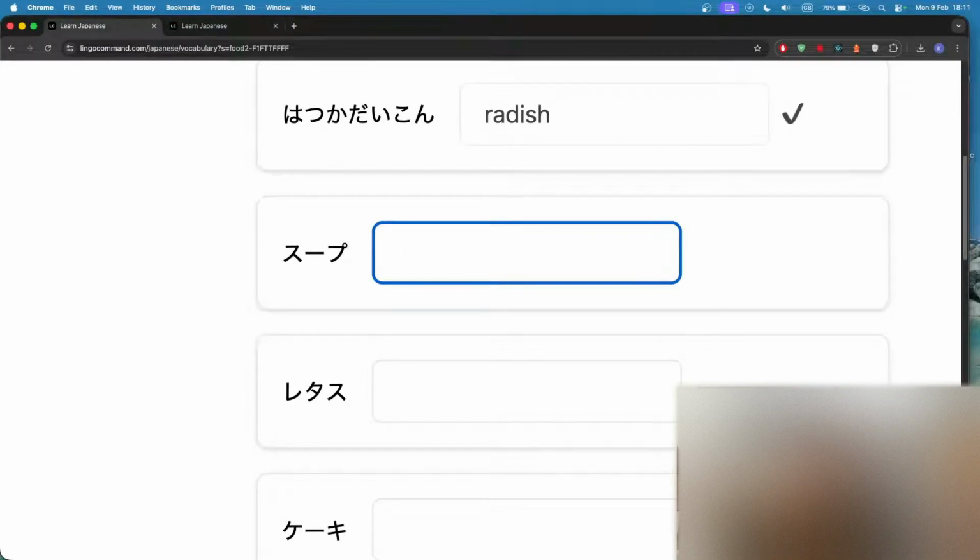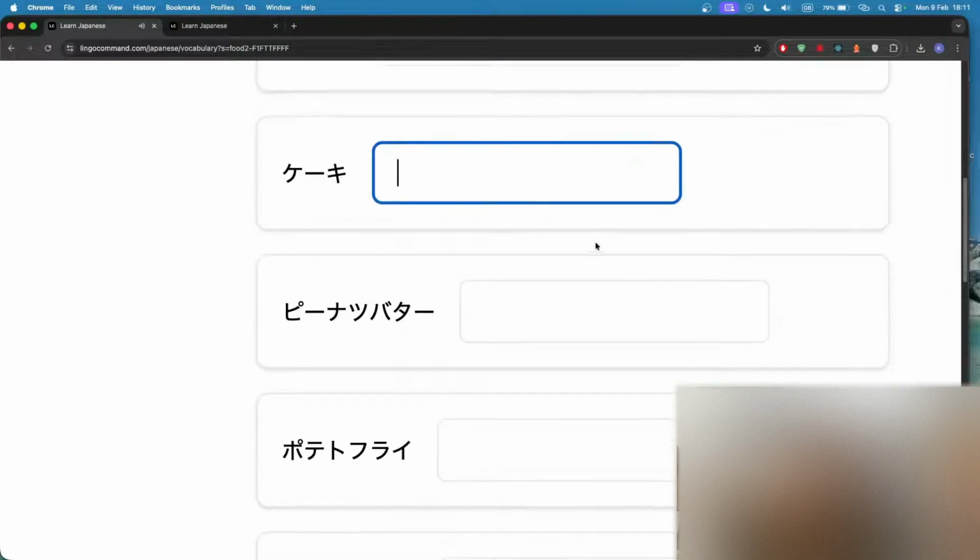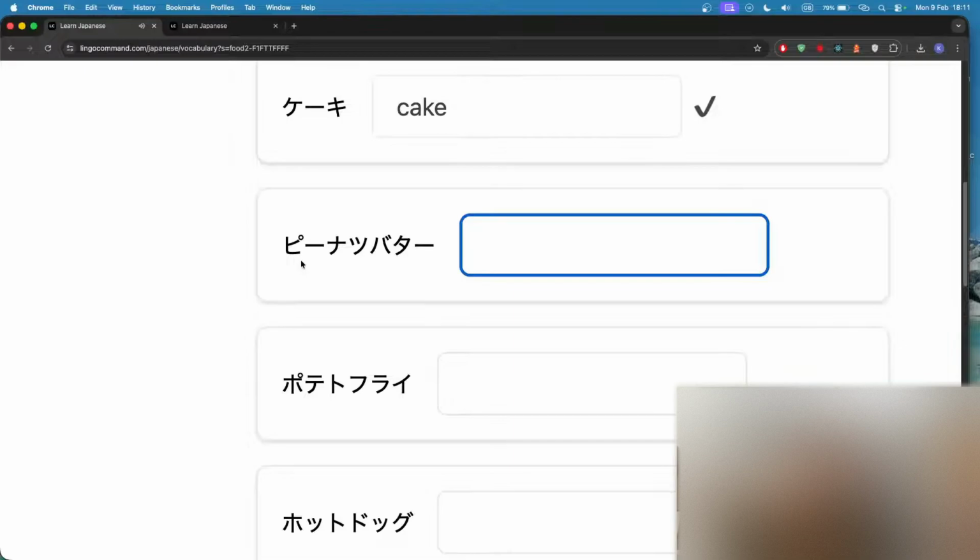Sufu. Supu. Oh, soup. Retasu is lettuce. Keiki is cake. And punatsu, bata.